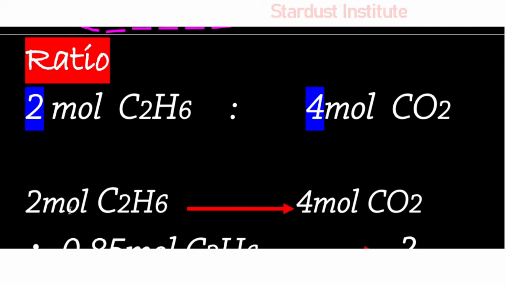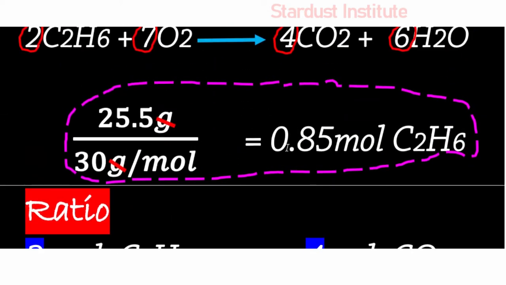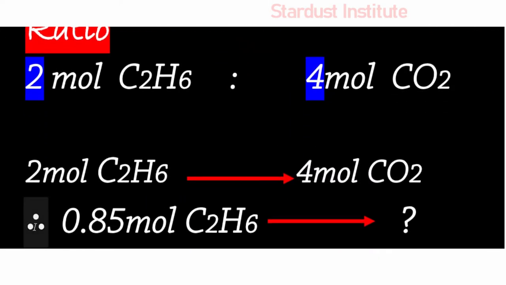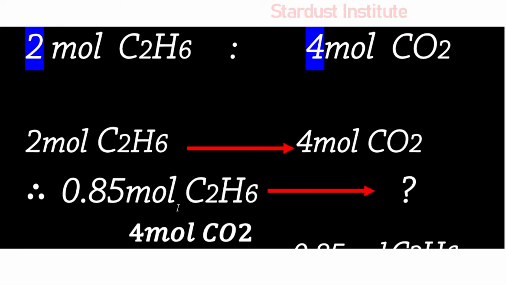Here we have 0.85 moles of C2H6. If we use 0.85 moles of C2H6, how many moles of carbon dioxide can we get? We can find it in this way.